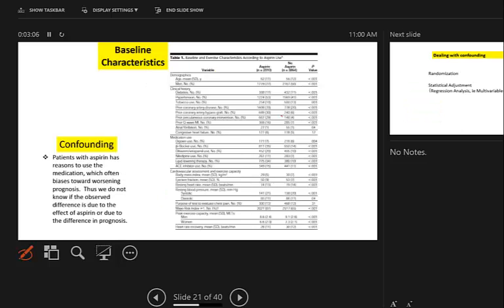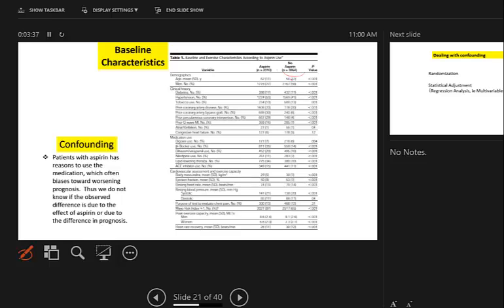Well, this is an observational study. I have to see who is compared to whom. So this is the baseline patient characteristic table, and the font is a little bit small, so I hope you can see it. At baseline, they divided the patients into 2,300 patients using aspirin, and the rest not using aspirin. Okay, the mean age for aspirin users is 62 years old, and the mean age for non-aspirin users is 56.